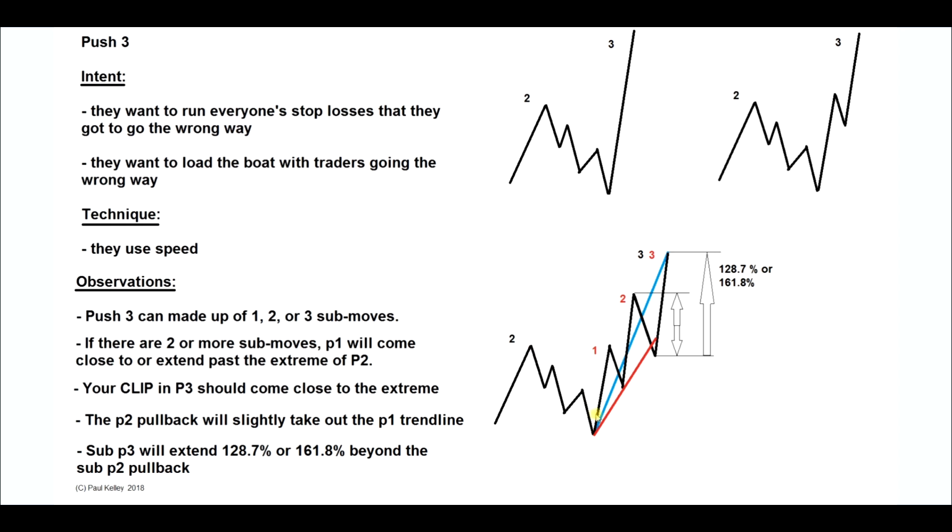This one will get there occasionally, but this one works the best. Now then, what you should also know is that these ratios on this push 3 also apply to push 2. If you get 3 sub moves in push 2, these ratios should also apply along with the pullback on your push 2. Use the same ratios to look for the extremes on these things.